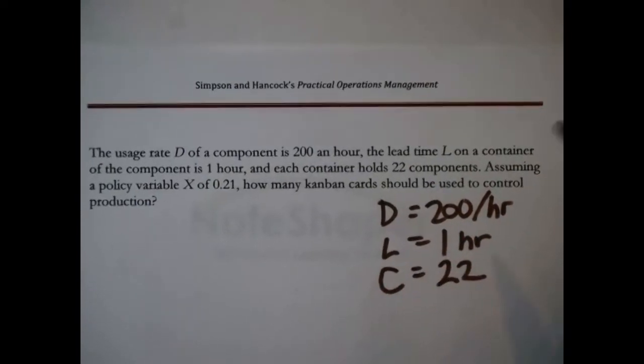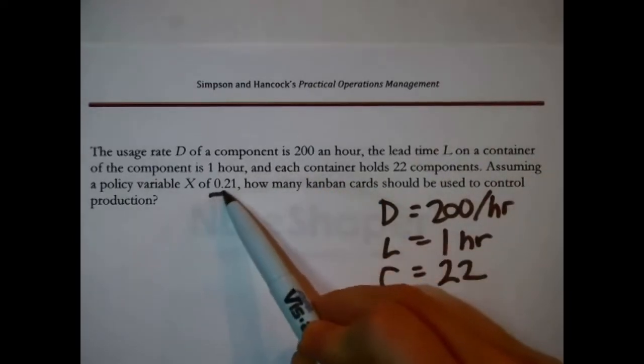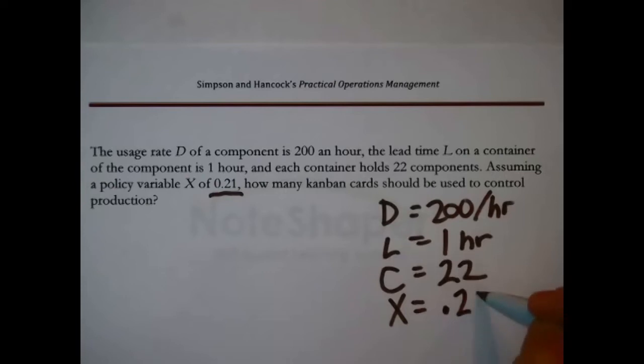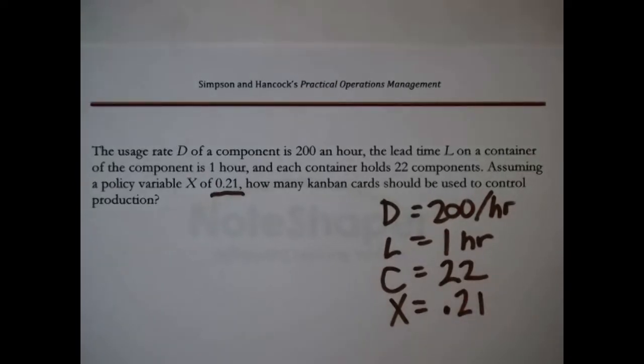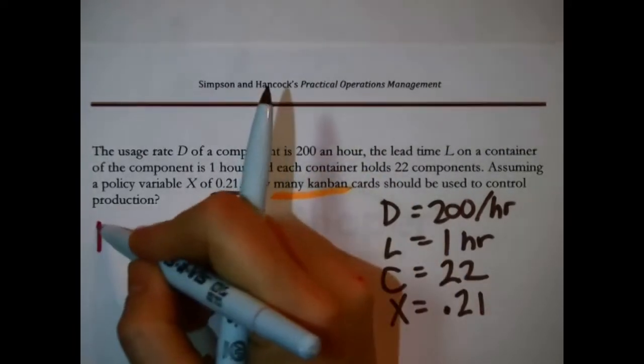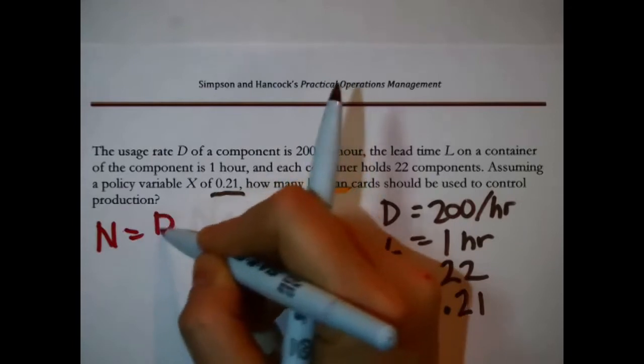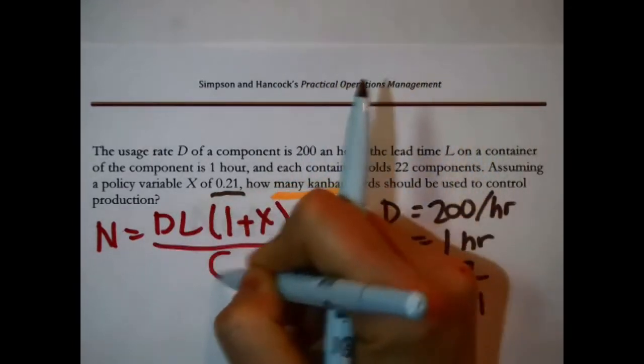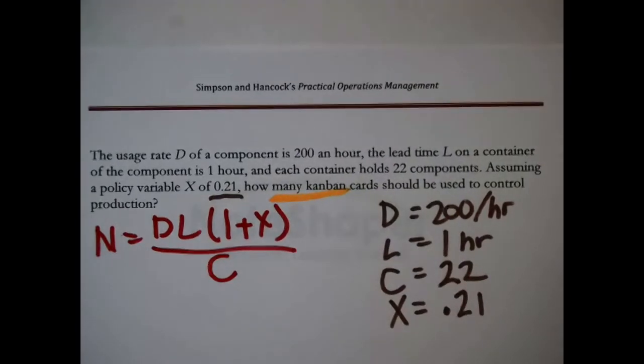The only difference here is it says assuming a policy variable of x is larger in this case, 0.21, how many Kanban cards should there be? That means, same formula, n equals D times L times 1 plus x divided by C. Just fill out the formula.